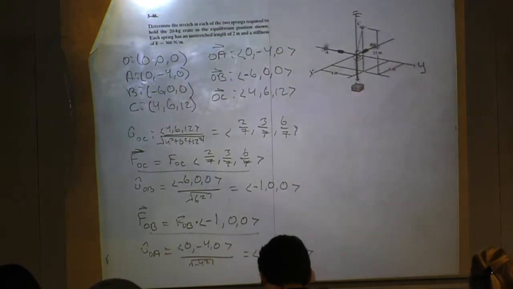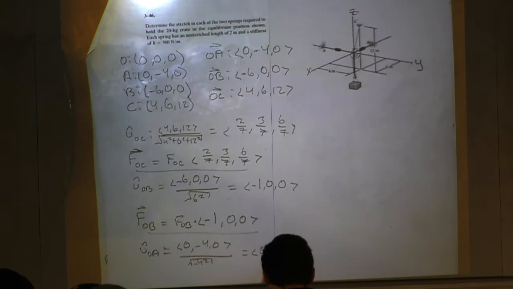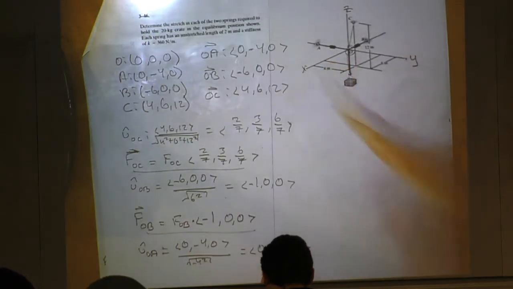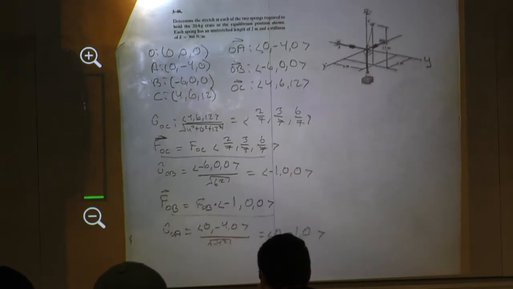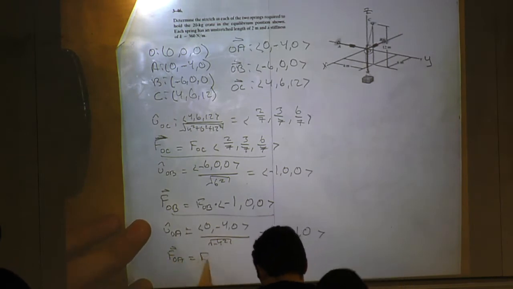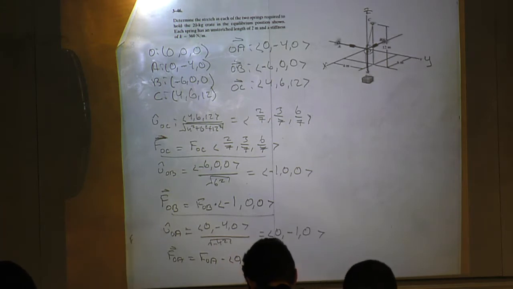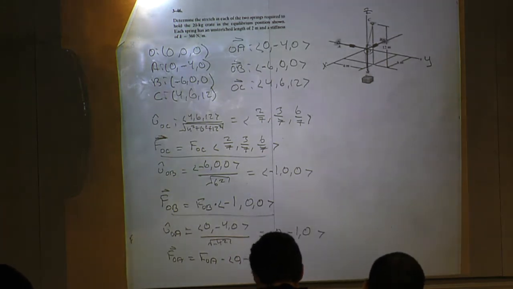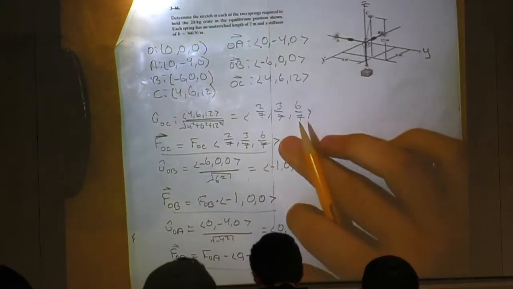Statics is all about checking yourself to make sure that what you see lines up with what you already know. If I had gotten something different than negative 1 in the y, I would have known I did something wrong in my vectors up here and gone back to change it. But everything looks good. My last dummy variable, F_OA, is multiplied by 0, negative 1, 0. These convey the components of the force along these ropes.